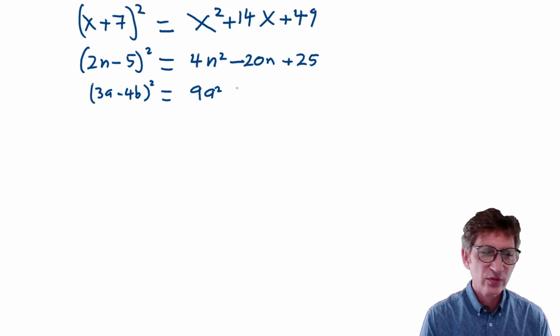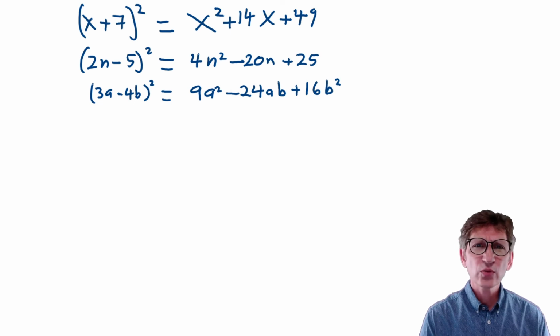So this is negative 12ab when I multiply 3a times negative 4b. Double it. Negative 12 times 2 is negative 24ab. Square the last term, negative 4b. Square all of that. Negative 4 squared is positive 16, and square the b, b squared.